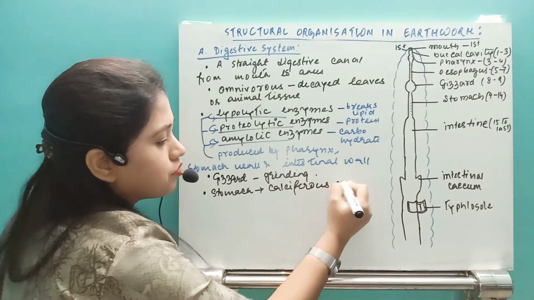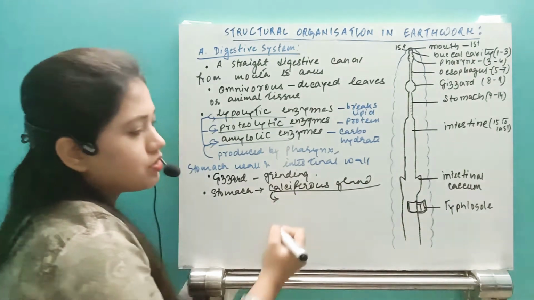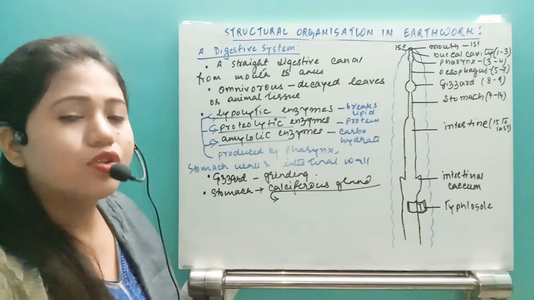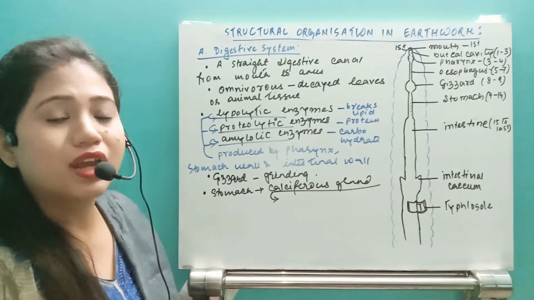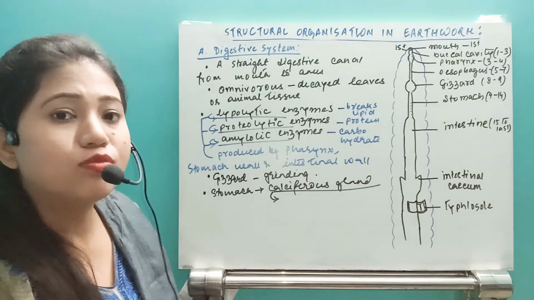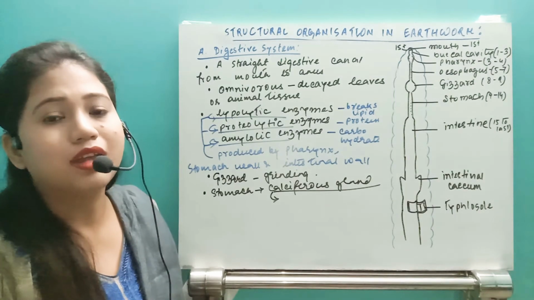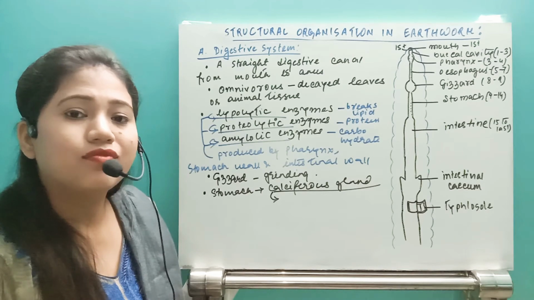What is the function of this calciferous gland? It releases one digestive juice which helps in neutralizing the acidity of the humus. Humus is nothing but soil which is richly supplied with animal and plant originated decayed tissue, and that will have humic acid.